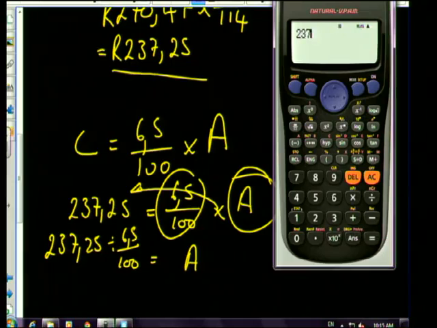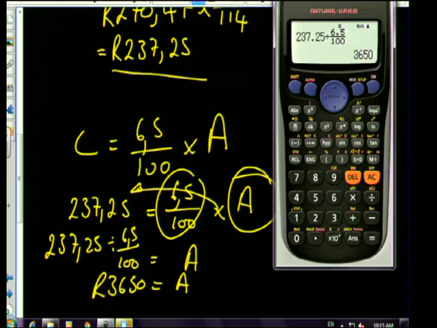So out comes our calculator, and we've got an amount of 237 Rand and 25 cents. We are going to divide that by 6.5 over 100, and we get an answer of 3,650. So 3,650 Rand was the amount of money that we actually exchanged.